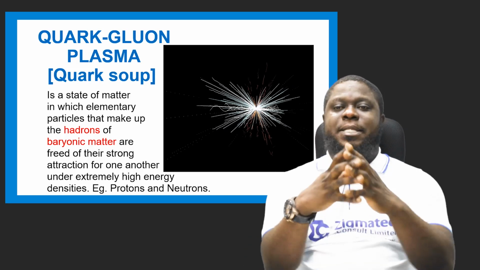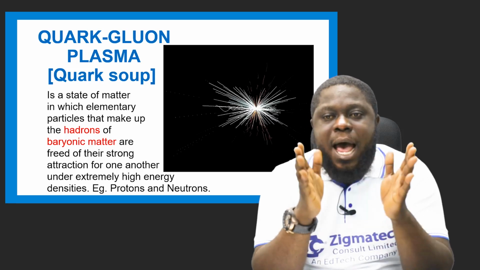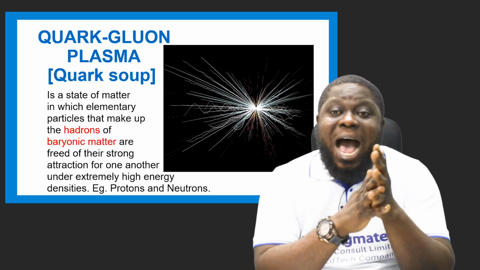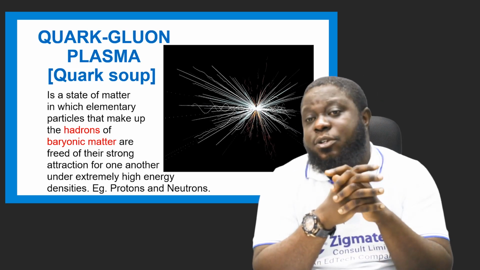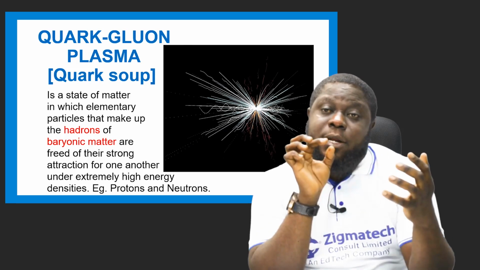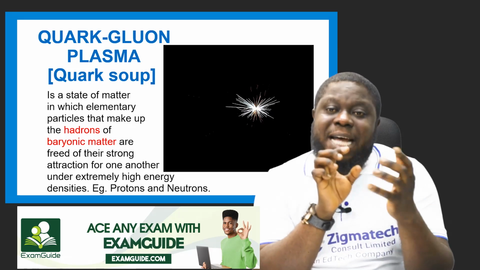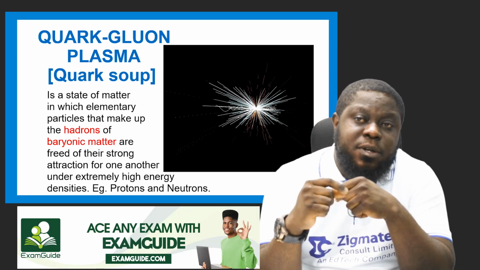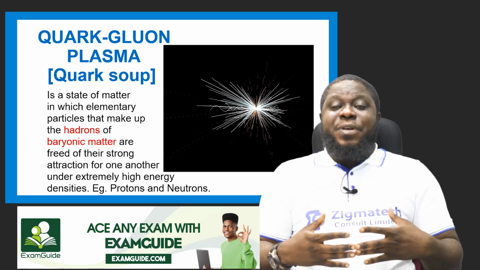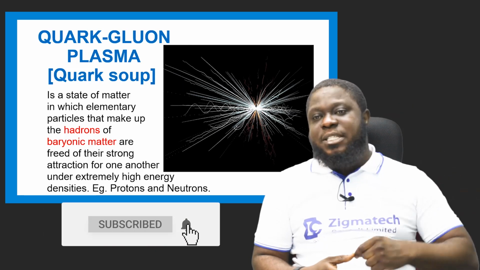So these particles, like I said, elementary particles that make up the hadrons and the bionic matter, I'll tell you what the hadron is and what the bionic matter is, are freed from their strong attraction for one another. In essence, the gluons that exchange themselves, the quarks are being freed at extremely high energy density.